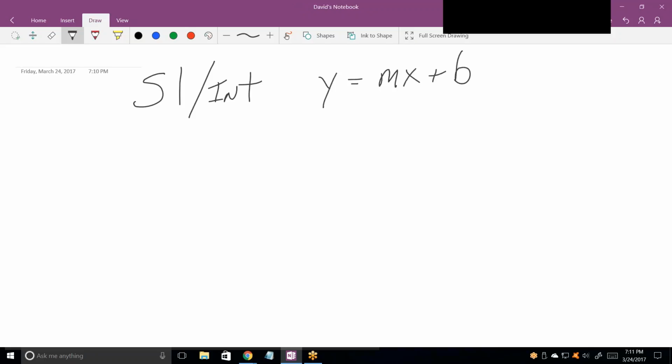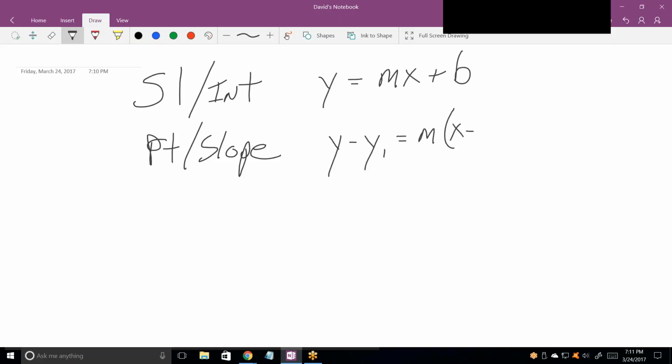There's also point slope, which I don't know if they've taught that to you, but it's similar looking. And notice that one way to memorize the point slope is if I divide both sides by x minus x sub 1, I get m equals rise over run.